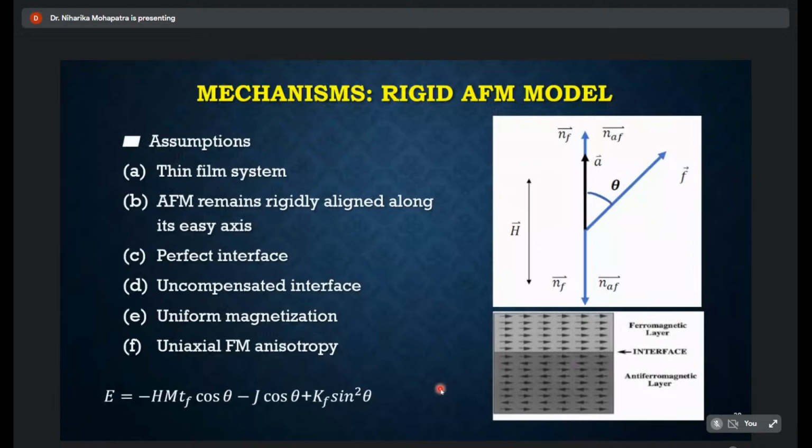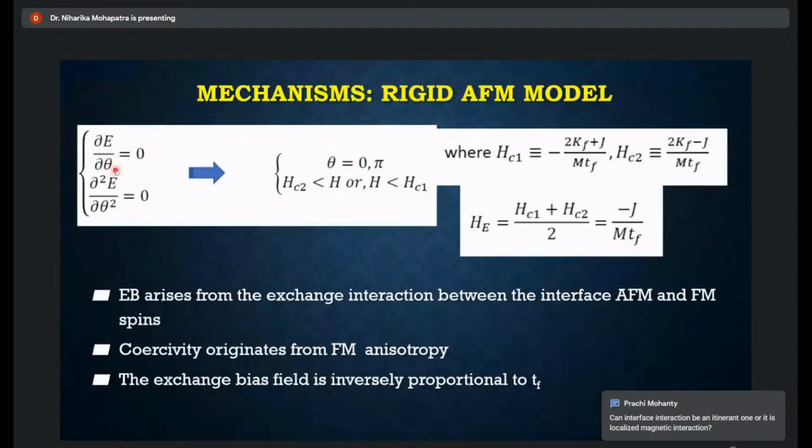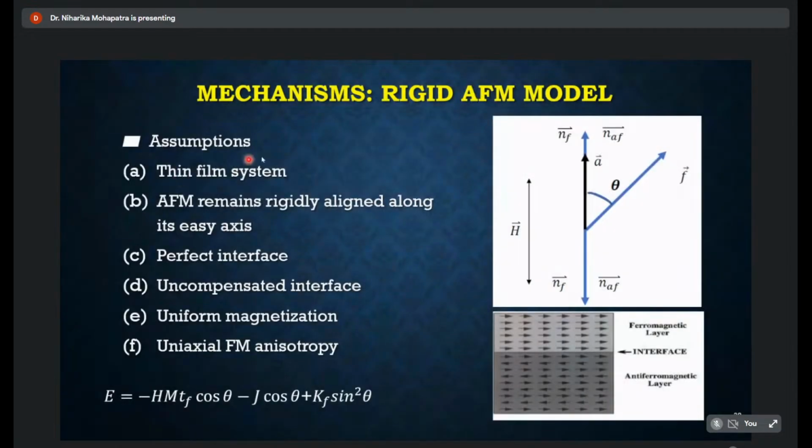So how do we find the correlation? To find the correlation, we try to minimize this energy, with respect to theta. What this theta represents is the angle between the ferromagnetic spin and the antiferromagnetic spin.